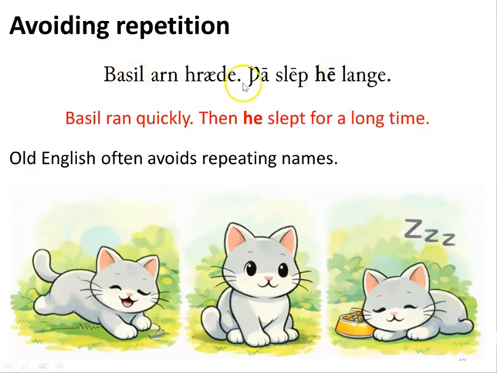Old English often avoids repeating names. You don't have Basil Aaron Harada, Thar sleep Basil Langa. Doesn't need to. By putting the nominative here, you're referring back to the subject of the whole passage, in this case, these two sentences. Basil is established as a subject in the first sentence, and that will carry on until another individual becomes involved.